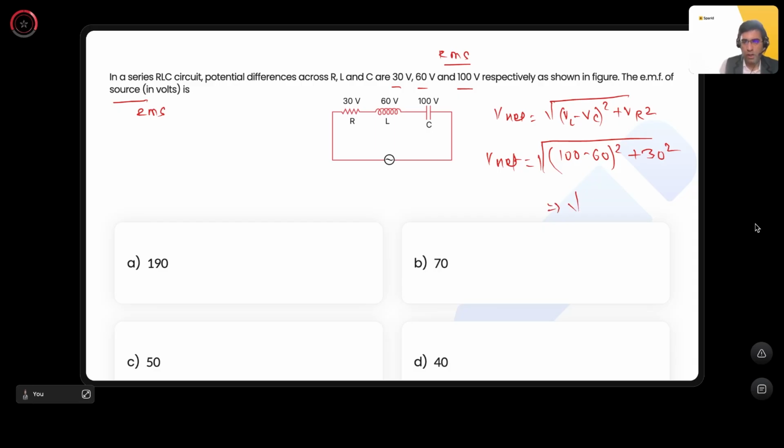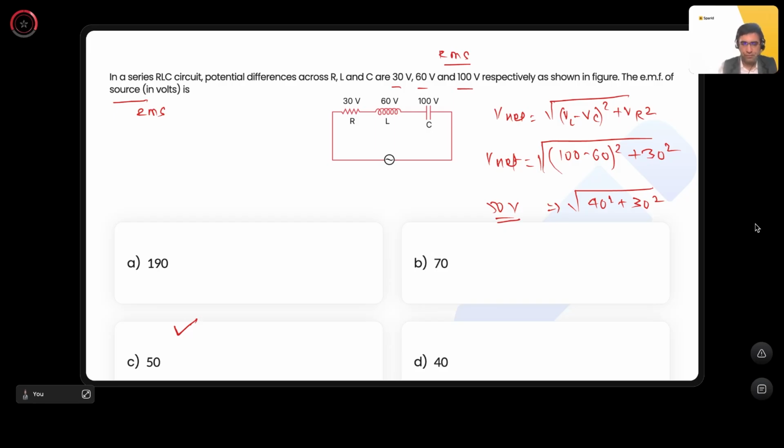So it becomes under root of 40 square plus 30 square, and that comes out to be 50 volt. So this will be my answer. All right. So a simple RLC circuit based question, you have to remember the formulas for RLC. If you don't know it, just do one thing, draw a circuit, try to draw the phasor, and through that phasor, try to write the formulas and you will remember them.